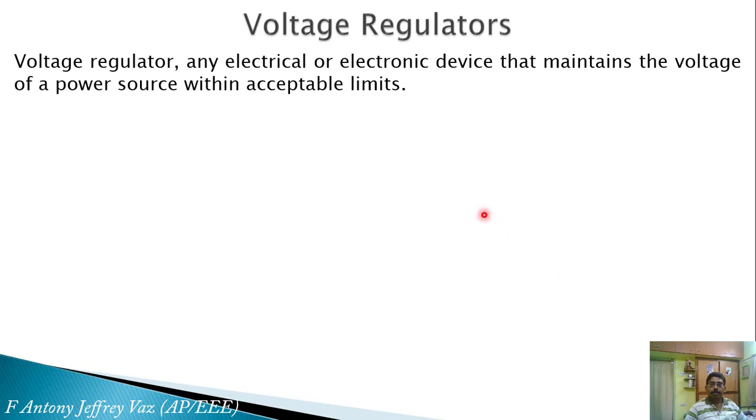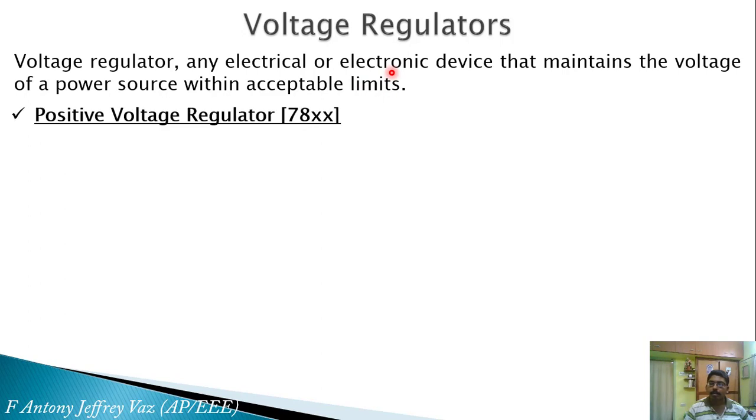Next, we will be moving to voltage regulators. Voltage regulators are used in electronic circuits to regulate the voltage to an acceptable limit. If we want 5 volt as a constant voltage, then you can use a voltage regulator to maintain the voltage at 5 volt. There are two types of regulators.